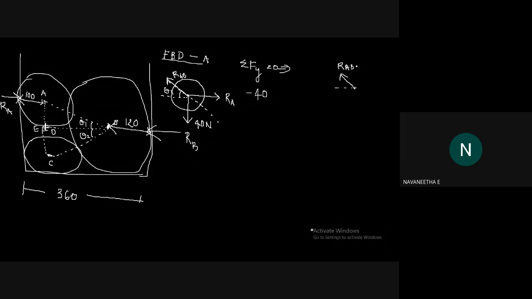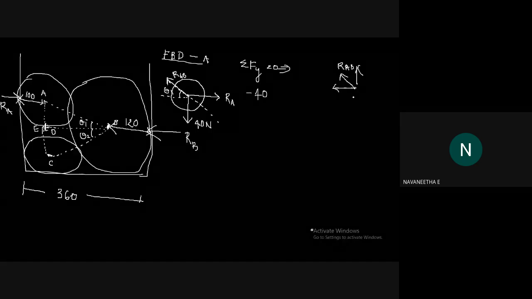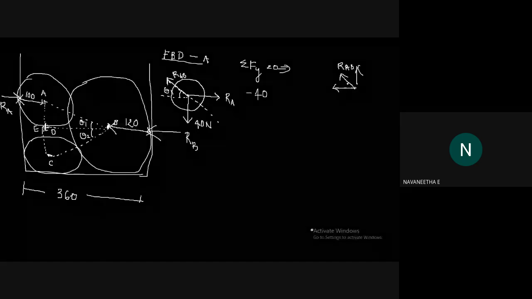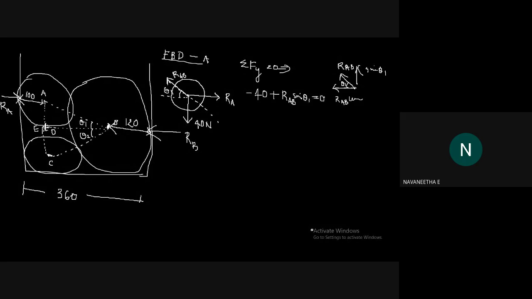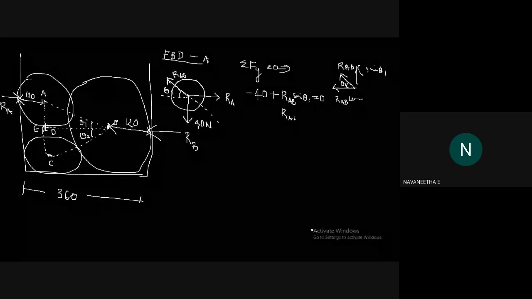Components are acting left and upward. So this is theta 1, that is RAB cos theta 1, and RAB sin theta 1, right? Here you can write it is positive because it is acting upward. So RAB sin theta 1, you can put the value of theta 1 also here, equal to 0. From this, you can find out the value of RAB.